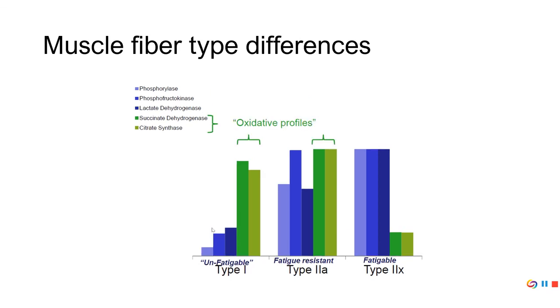Okay, however, if we go to the oxidative enzymes of succinate dehydrogenase and citrate synthase, the type 1 and the type 2A have high quantities of those enzymes. Okay, and so really what you can see here is that 2A is a combination of type 1 and 2X. It takes the best of both worlds.